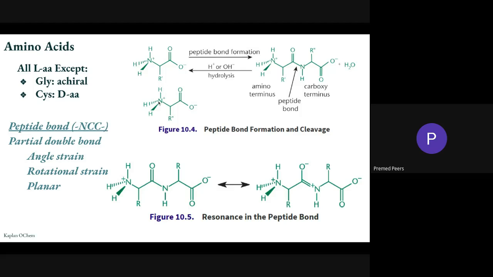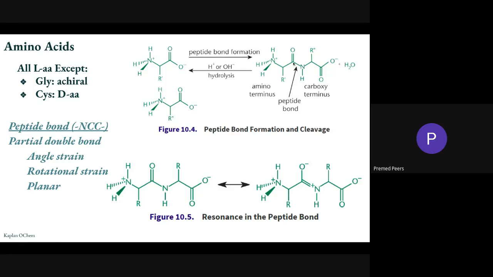So I just count from NCC and that is one. And then NCC, that is the second amino acid. And then NCC, okay, that is the third amino acid. So for every amino acid I just go through NCC, NCC, NCC, NCC. And you can actually tell by the direction which way it is going, whether the N terminal is on the left or on the right, because everything is in the same direction.